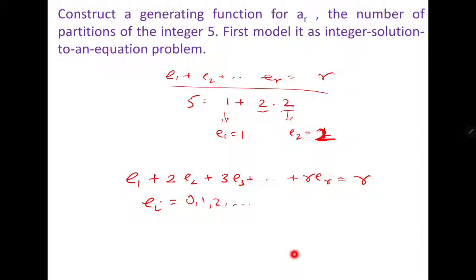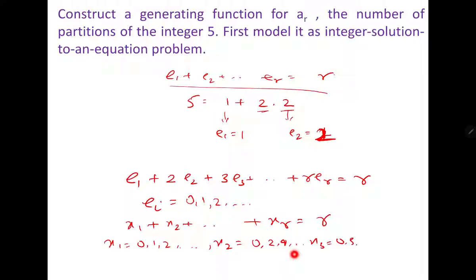I can also write it in another form, x1 plus x2 plus and so on up to xr is equal to r, where x1 is simply 0, 1, 2 and so on, x2 is 0, 2, 4 and so on, x3 is 0, 3, 6 and so on.